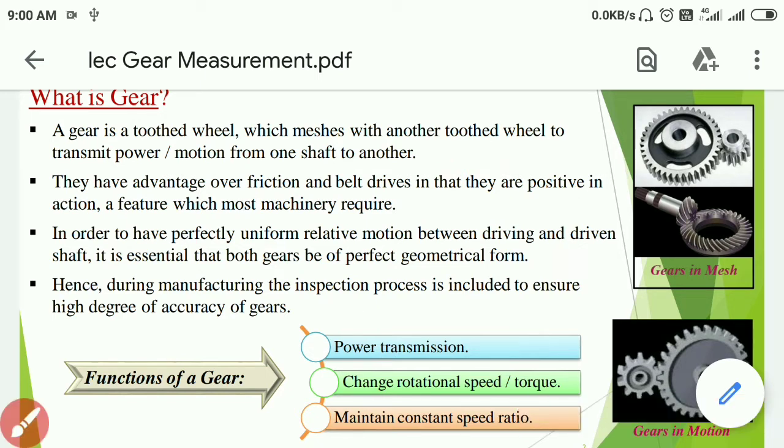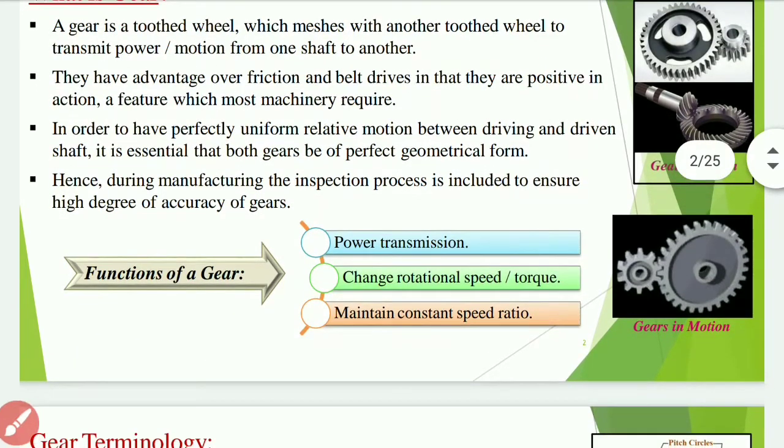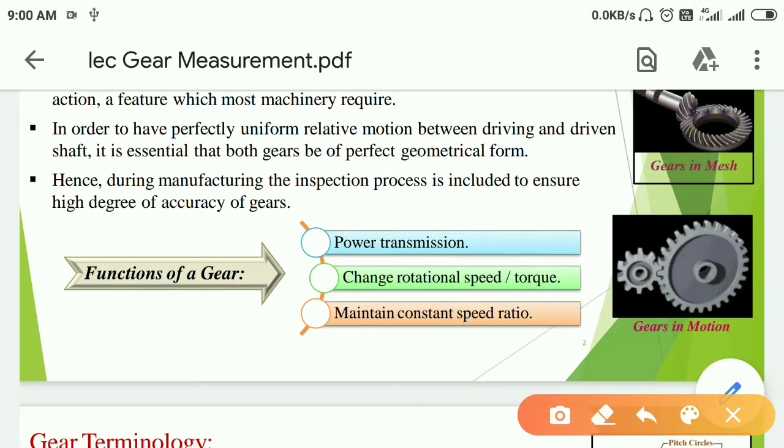As shown in figure, here the variation of speed can be done with the help of these gears. As shown in figure, if the small gear is connected with the machines, the speed of follower can be increased.